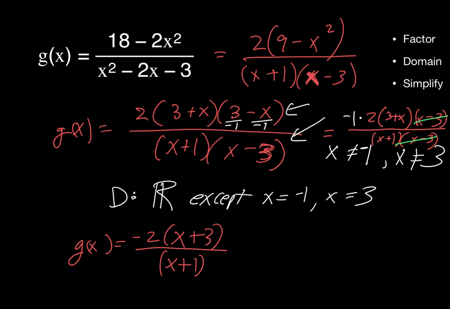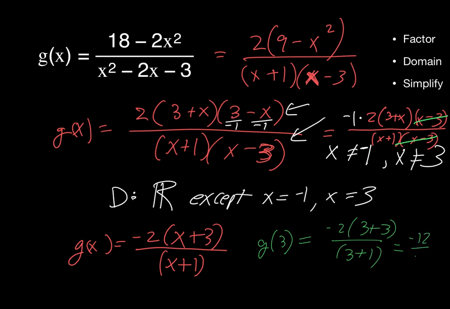So even though, what I was saying, my domain still is I cannot have x equaling 3. But if I would find g of 3, if I plug in 3, negative 2 times 3 plus 3 over 3 plus 1, right, just replacing that x. In the numerator, I'll have 6 times 2, which is negative 12.